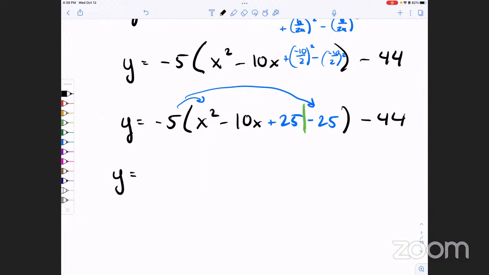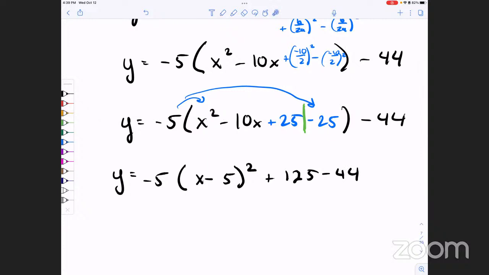So if we focus on those 3 terms to the left of the green bar, they factor, so this -5 just comes down. It's going to be x minus 5 squared. And then -5 times -25 is a positive 125 minus 44, right?